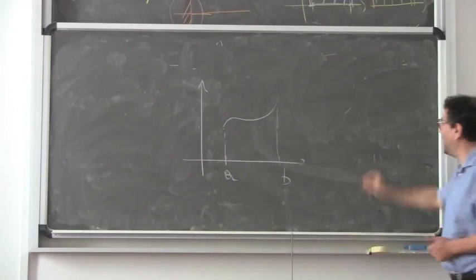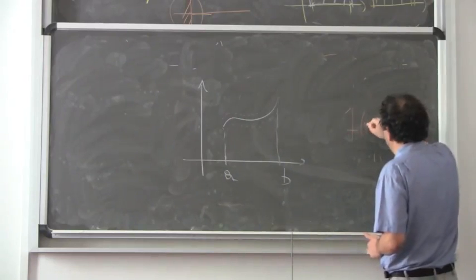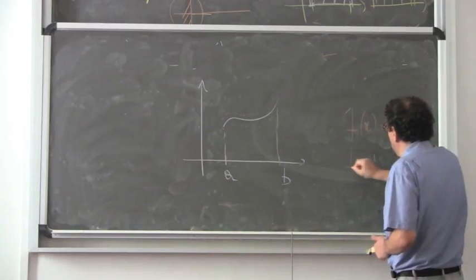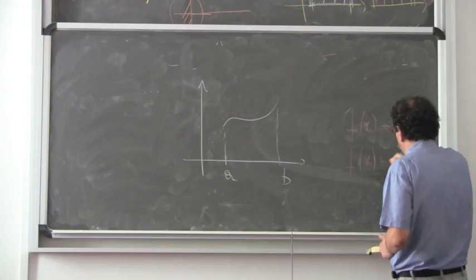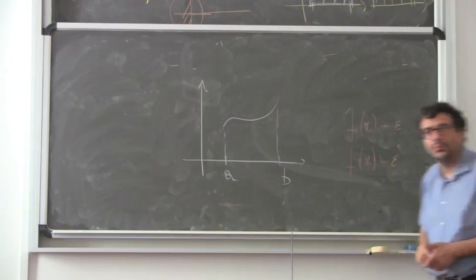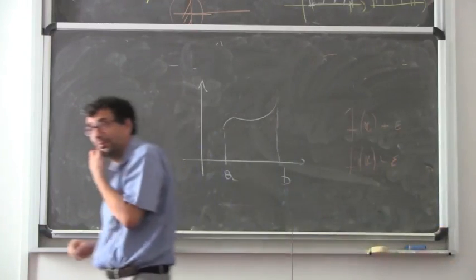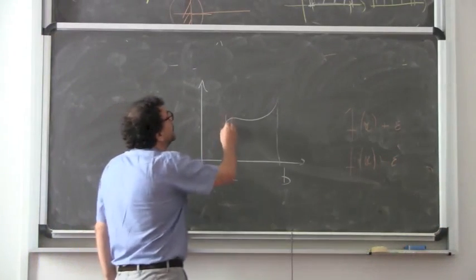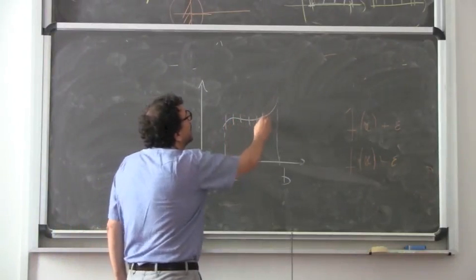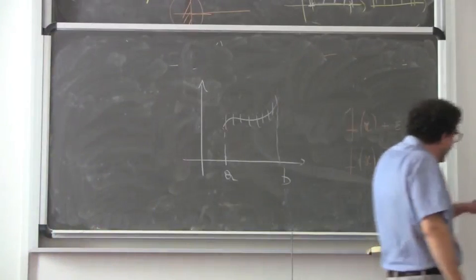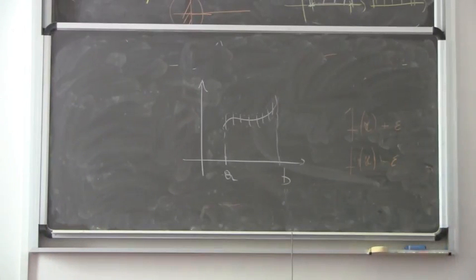So if you have f of x, you can define f of x plus epsilon and f of x minus epsilon. Then you have a stripe. By the way, this reasoning has been done again by Lagrange.